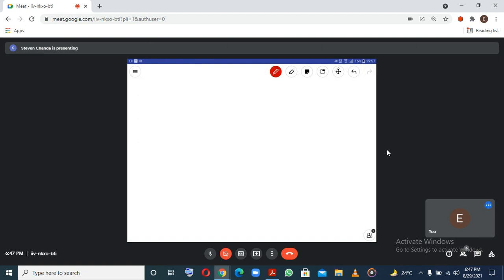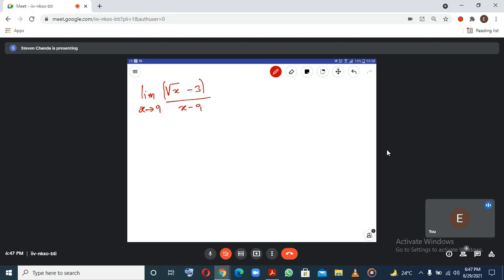So we have the limit as x approaches 9 of the square root of x, and take note that the negative 3 is not under the square root, over x minus 9.